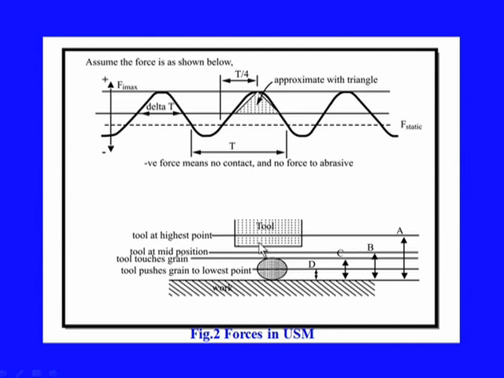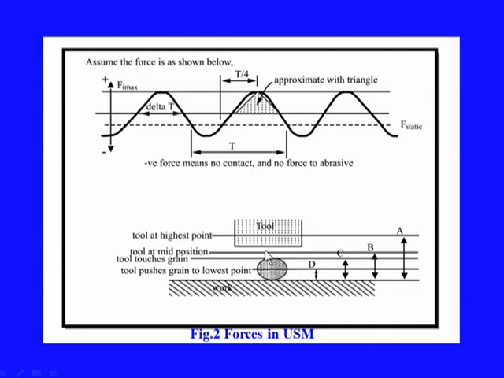And this is the schematic of the tool position with respect to the abrasive as well as the workpiece. This is considered to be the lowermost position an abrasive can have, where the tool can hit it before making the indentation on the workpiece. This is the topmost position where the tool will start getting accelerated, and this is the mean position where the tool will attain its maximum velocity.